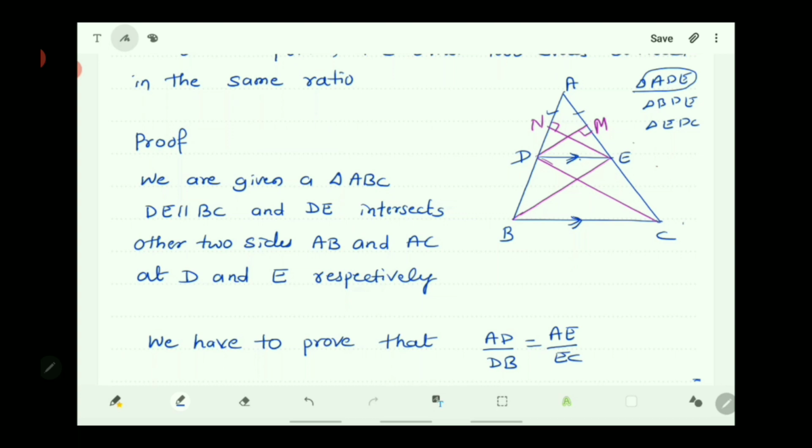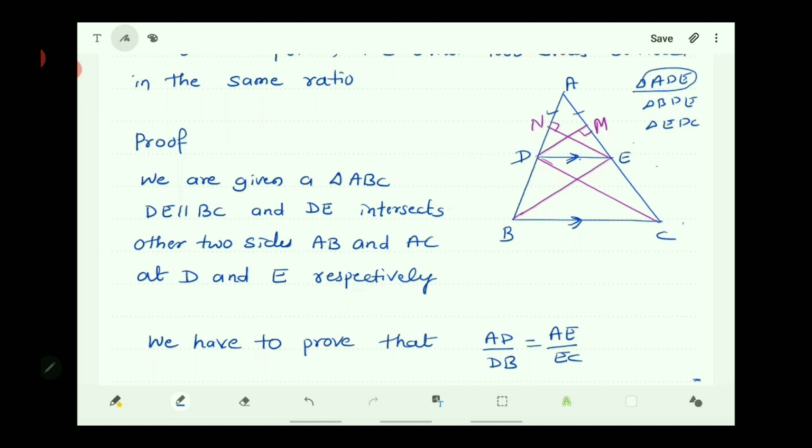If you consider the height DM, then you take the base AE. So the area of triangle ADE is half into AD into EN, or half into AE into DM. Both formulas you can consider here.